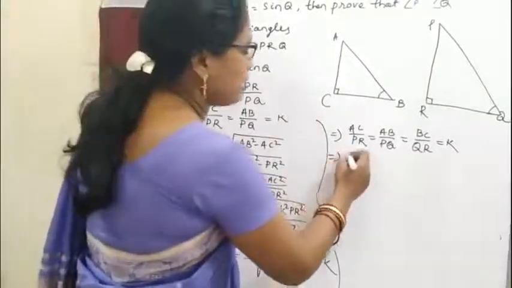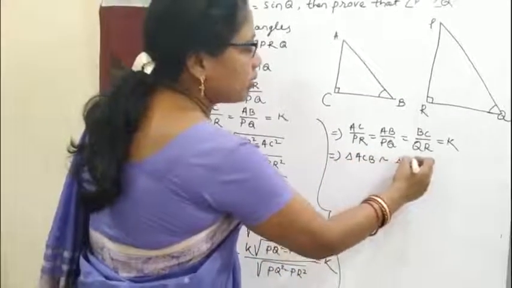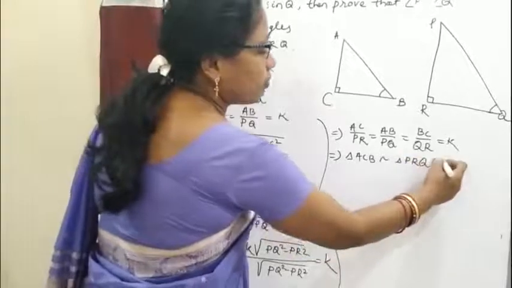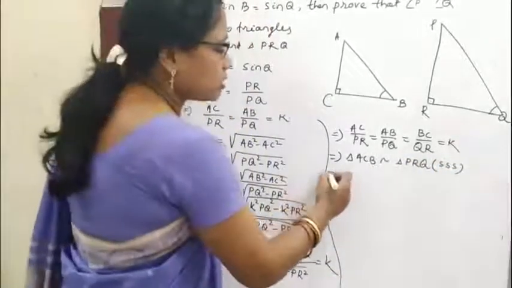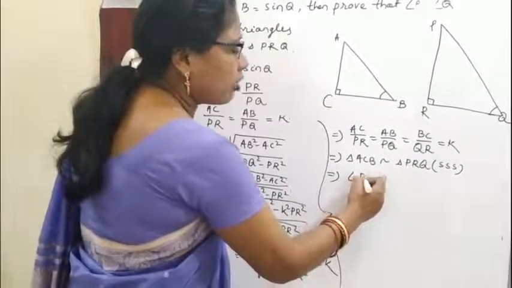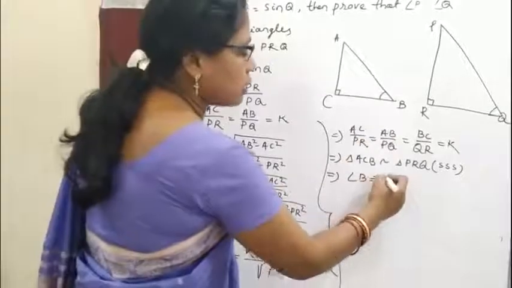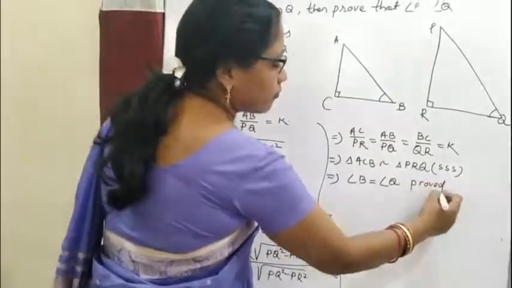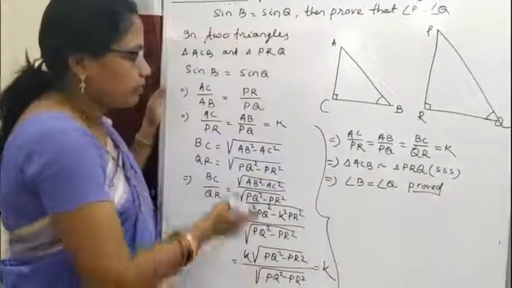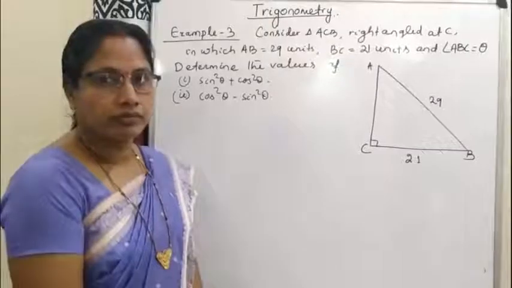So this implies triangle ACB is similar to triangle PRQ by side similarity condition. So this implies all the angles are also equal. So this implies angle B is equal to angle Q. So in this way, by using trigonometric ratios also, you can prove this.